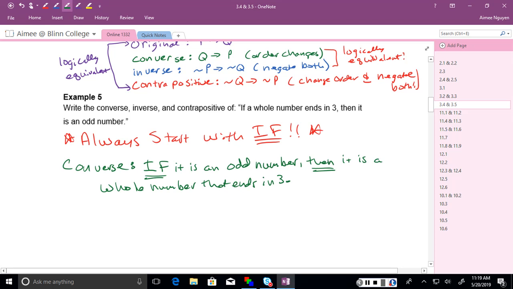Now I can write the inverse. For the inverse, I go back to the original statement: if a whole number ends in 3, then it is an odd number, and I just negate both of them, right?